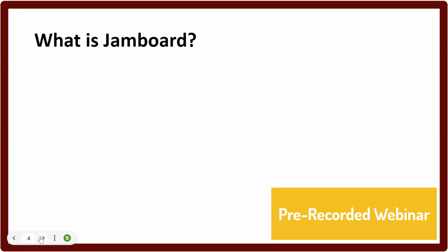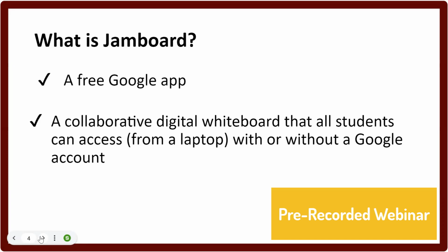How much does Jamboard cost? It's free. Yes, very good. So Jamboard is a free Google app, and it is a collaborative digital whiteboard that all students can access from a laptop with or without a Google account. So you guys did great on remembering all that.